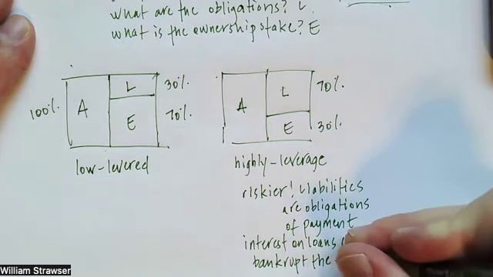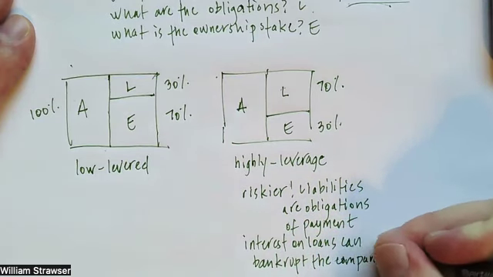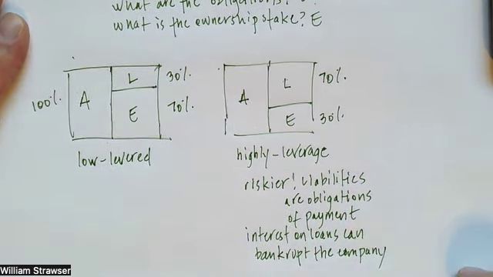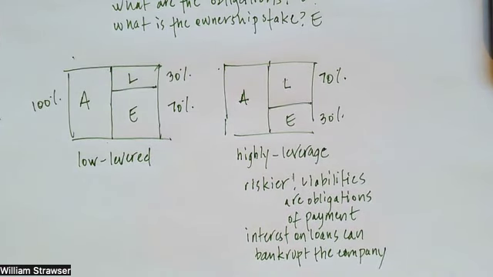Now, in real life, the people who let companies borrow money are not going to force the company into bankruptcy on its first missed interest payment because it's probably not going to get what it wants out of the company. Really, it's in the interest of bondholders to just have the company survive and continue paying interest.